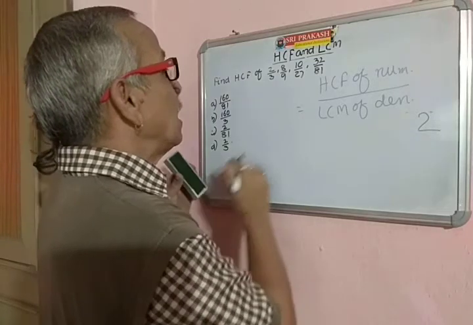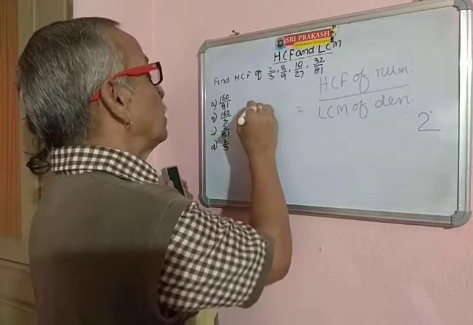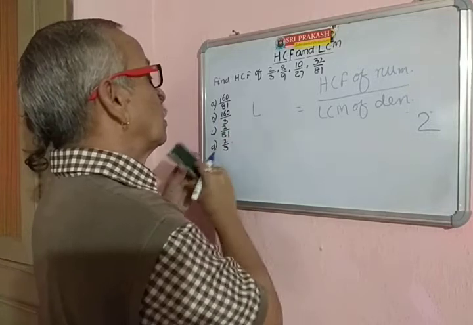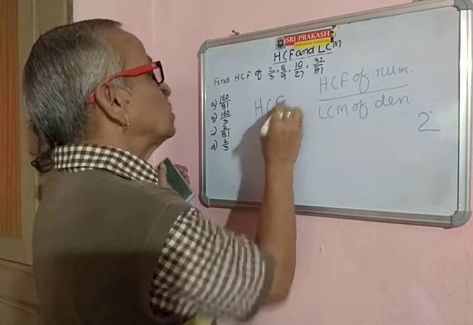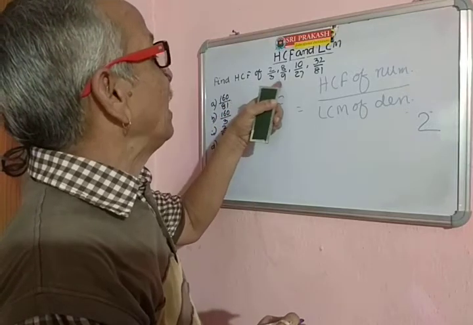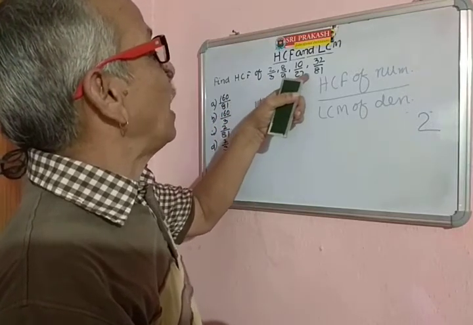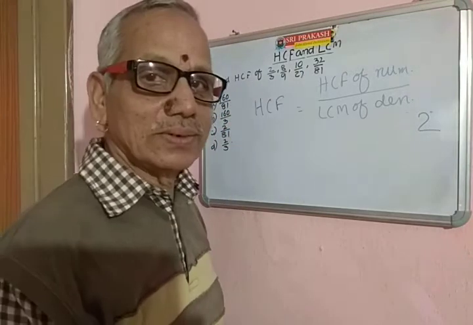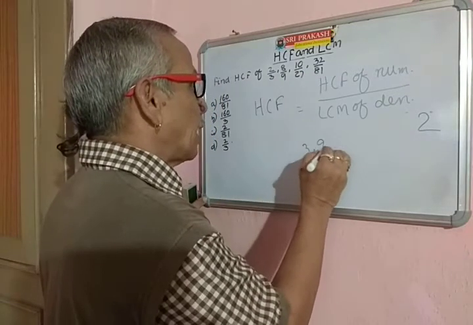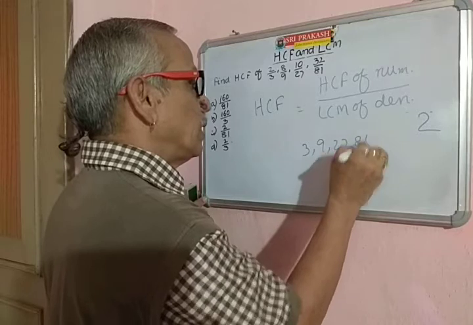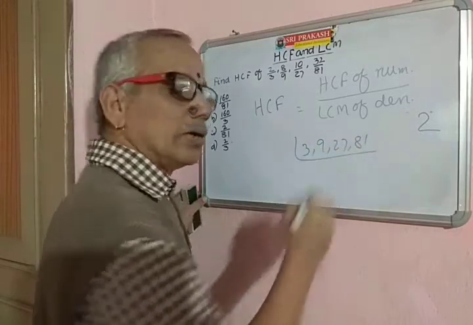And what is the LCM of your denominators? What is your denominator? 3, 9, 27 and 81. Clear? So let us find. 3, 9, 27, 81. All are divisible by 3.